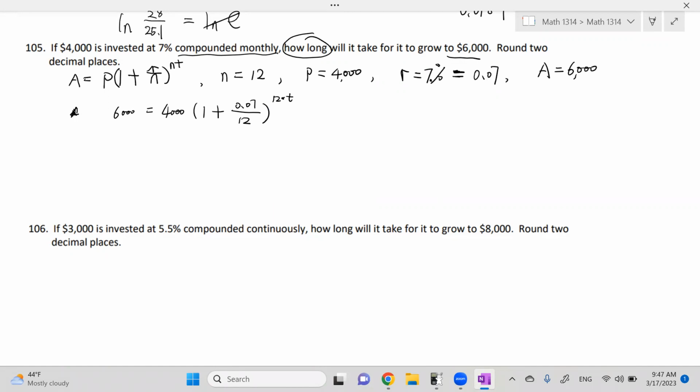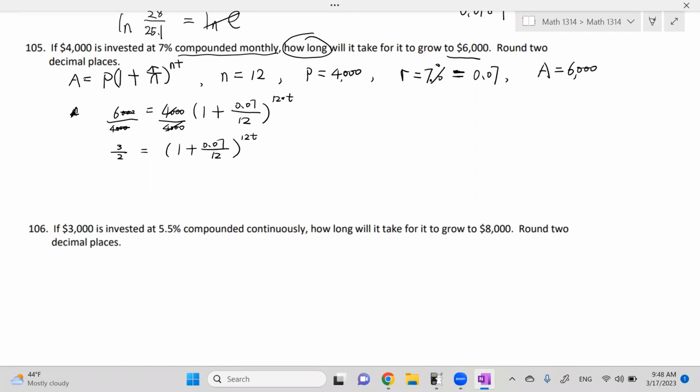We need to divide by 4,000 on each side first. We have 6 over 4. You can do the cancellation, divided by 2, so 3 over 2 equals (1 plus 0.07 over 12) raised to the 12t.